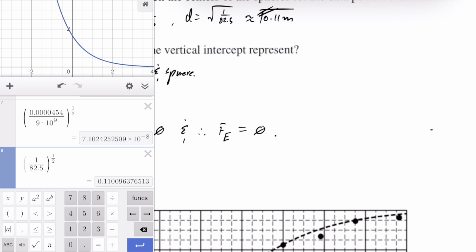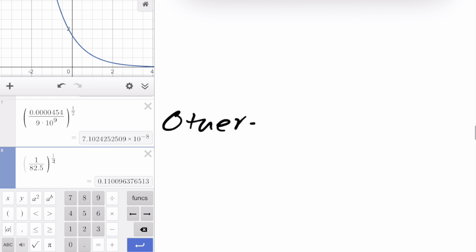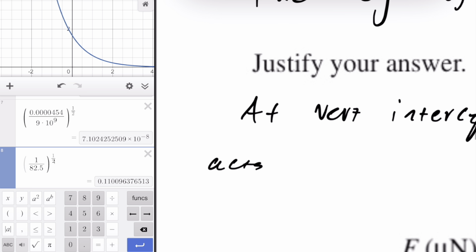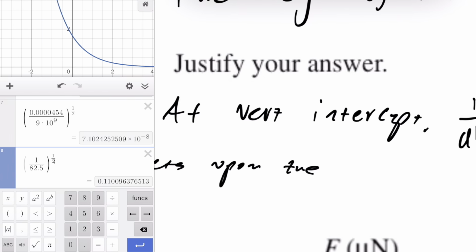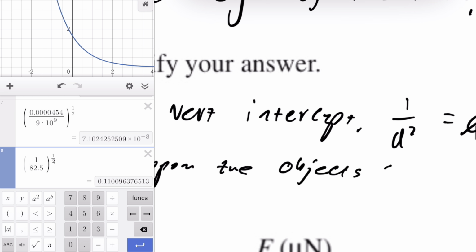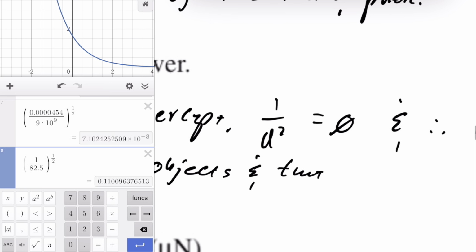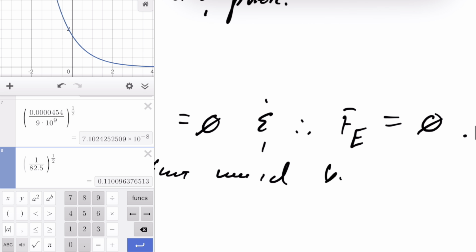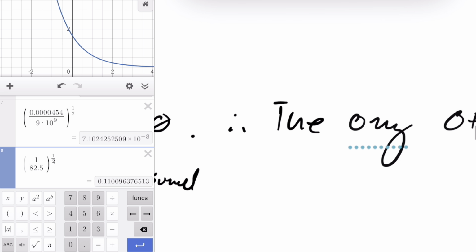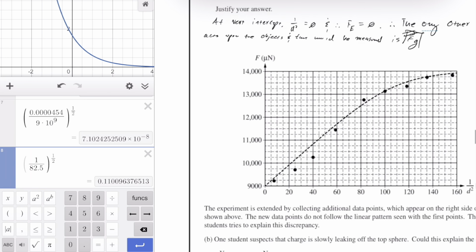Therefore, the only other force that acts upon the objects and would be measured, excuse my handwriting, is Fg. Yeah, my handwriting's really sloppy, excuse me, you guys.